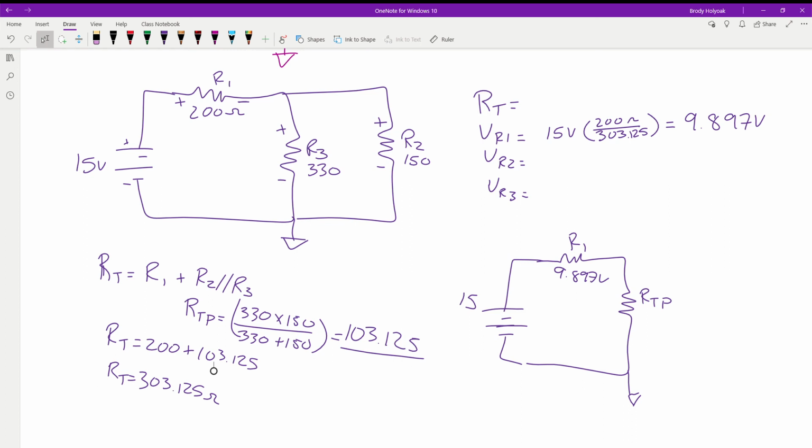So what voltage do we get across VR2? It is 5.103.